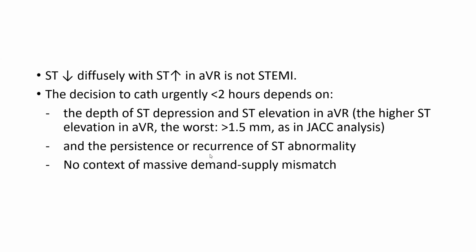As an extension of this EKG idea, I explained earlier when to urgently cath patients with diffuse ST depression and ST elevation in aVR. Those are not STEMI. And you cath them urgently mainly when the diffuse ST depression and the ST elevation in aVR are pronounced and persistent.